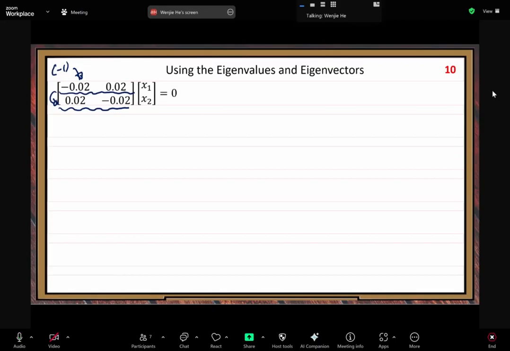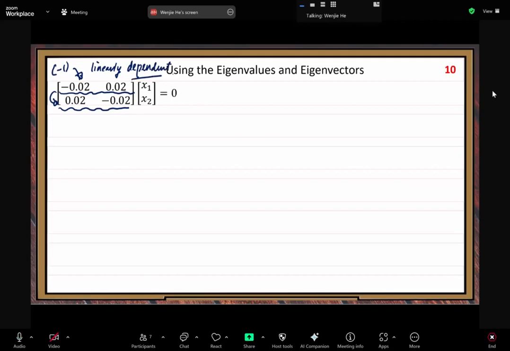That concept. They are not linearly independent, right? So these two row vectors are linearly dependent. Linearly dependent, not linearly independent.